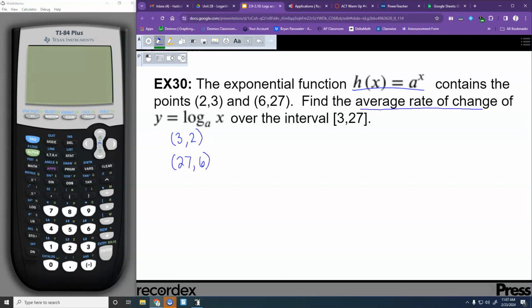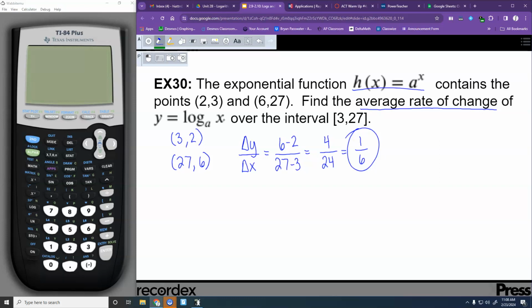What's it asking for when it wants the average rate of change? Change in y over change in x. So we're going to use these new points. Change in y over change in x will be 6 minus 2 over 27 minus 3. So we will get 4 over 24. So 1/6 for our answer there.